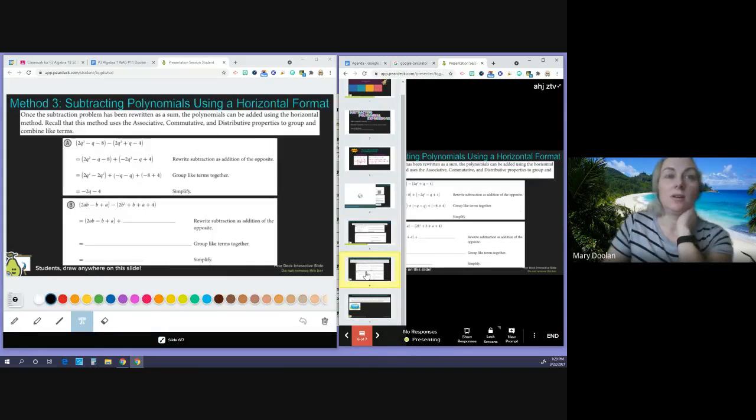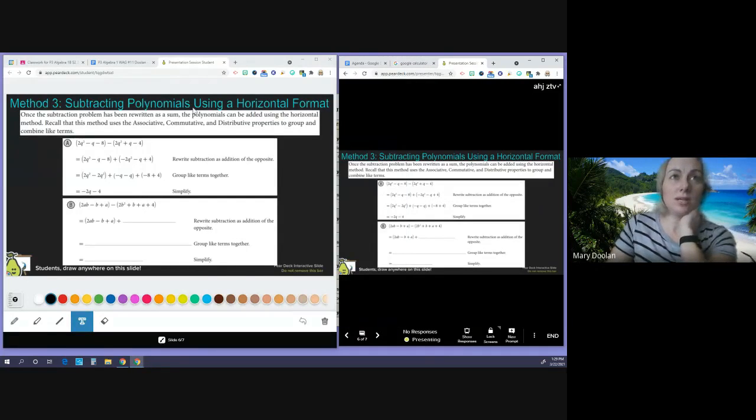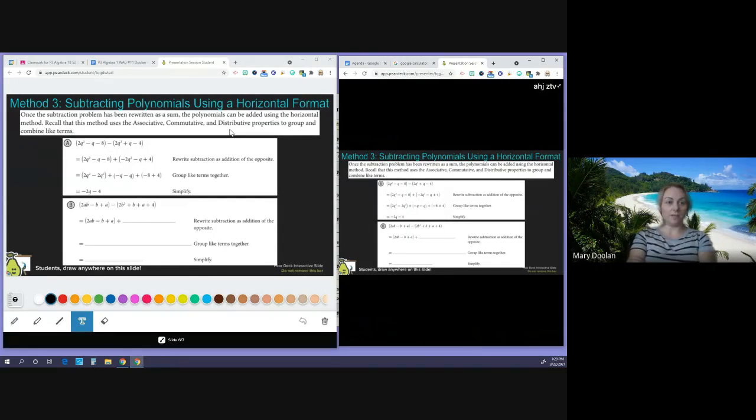Last method here, method 3, subtracting polynomials using a horizontal format. All right, once the subtraction problem has been rewritten as a sum, the polynomials can be added using the horizontal method, just like we used last week for addition of polynomials.